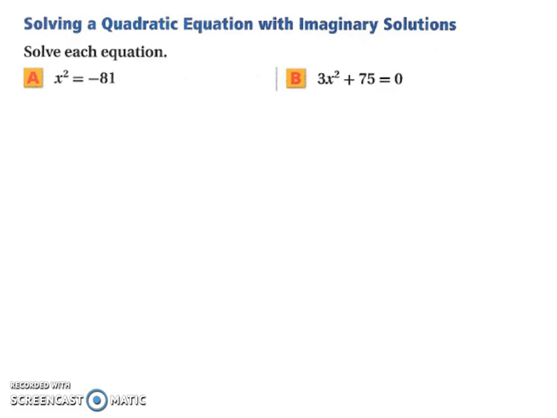Alright, so solving a quadratic equation with imaginary solutions. There's not much different. If you recall, when we took the square root to solve, we had to say plus or minus, because 3 squared is 9, but negative 3 squared is also 9.